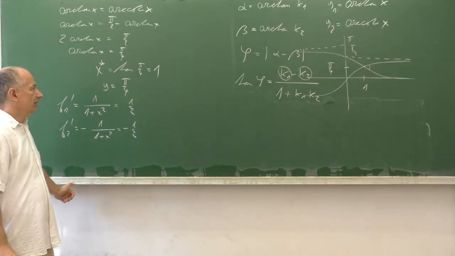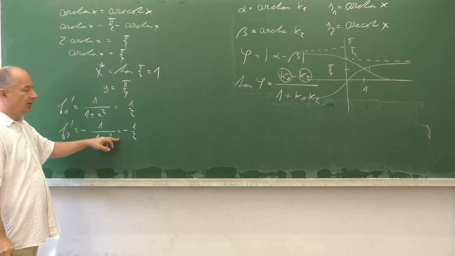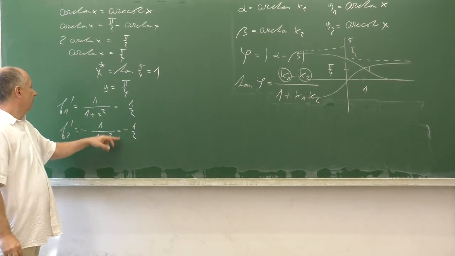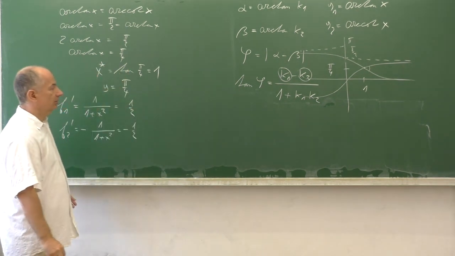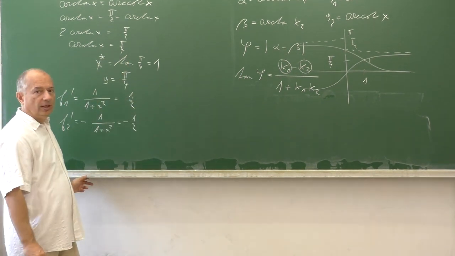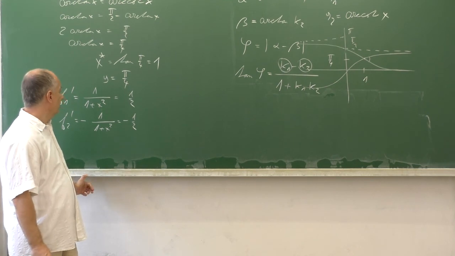So we can either find alpha and beta from these two values of derivatives, or we can use the formula for the tangent of the angle directly. We can try both.